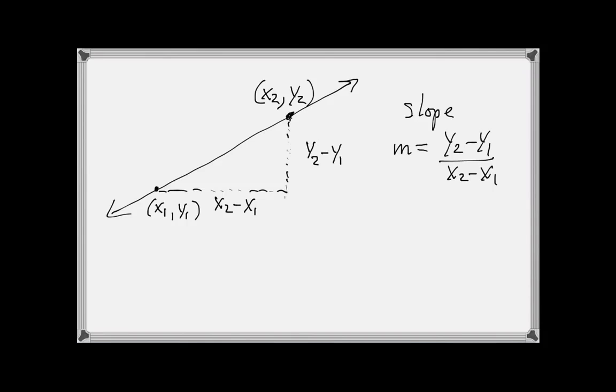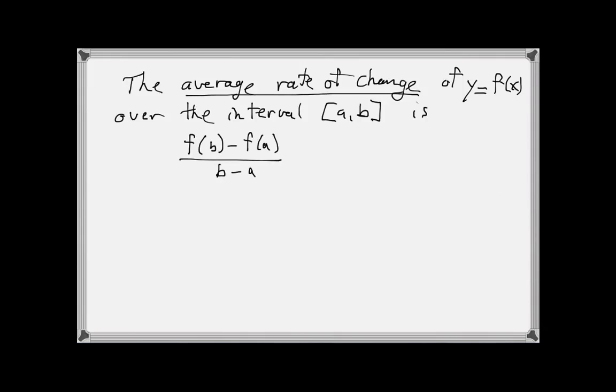So this formula, the slope formula, will work if you know at least 2 points that are on the line. But we shall see it's actually calculus that helps us find the slope of a line if we only know 1 point. Now let's define the average rate of change of a function over a closed interval.